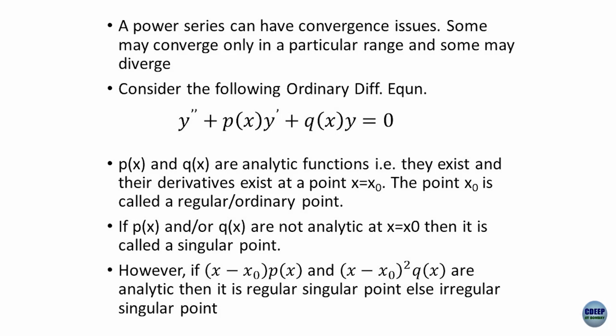And we said that an analytic function is one whose derivative exists and the function also exists. And if the derivatives exist at a particular point and the function exists, then it is called a regular point.